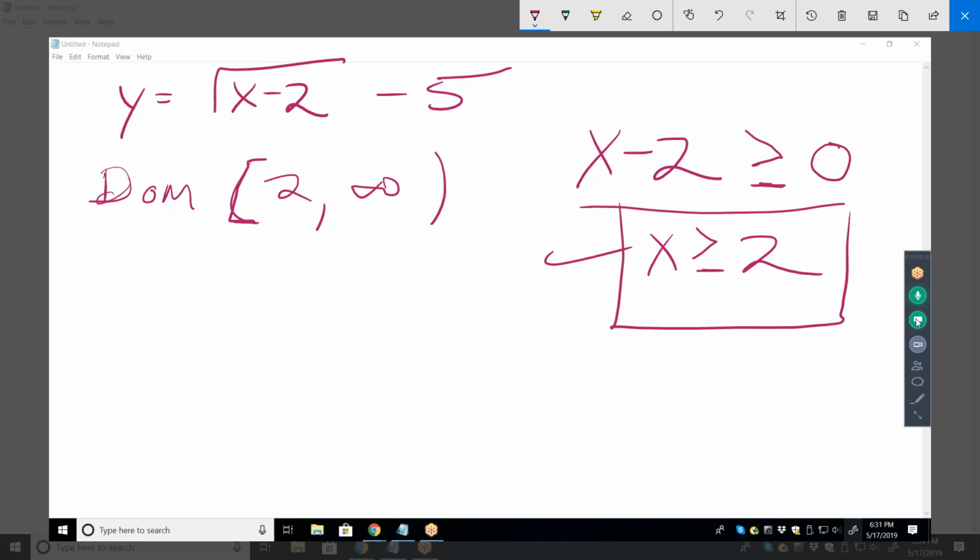We can take the square root of 0. So 2 is an allowable number. 1.9? No. But 2 or above, notice that if it's 3, it's a positive number. If it's anything higher than 2, it's a positive number.